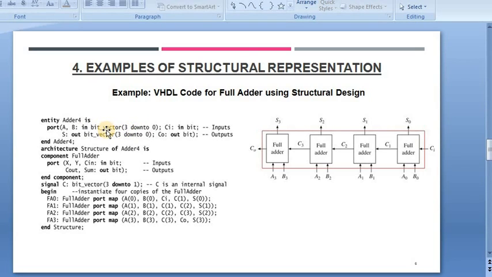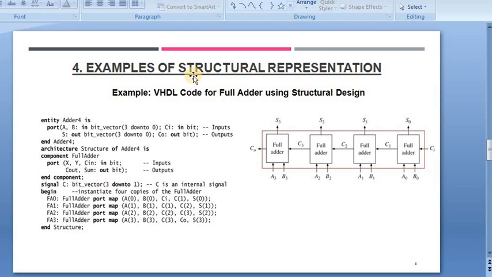Then the component is defined, with inputs and outputs, for example X, Y and C out, as you see in the diagram. Then the last part, that is signal, shows the logic of 4 variants of the full adders. As you see in the diagram, it is FA0, FA1, FA2 and FA3. I hope you have now understood the topic of structural representation.